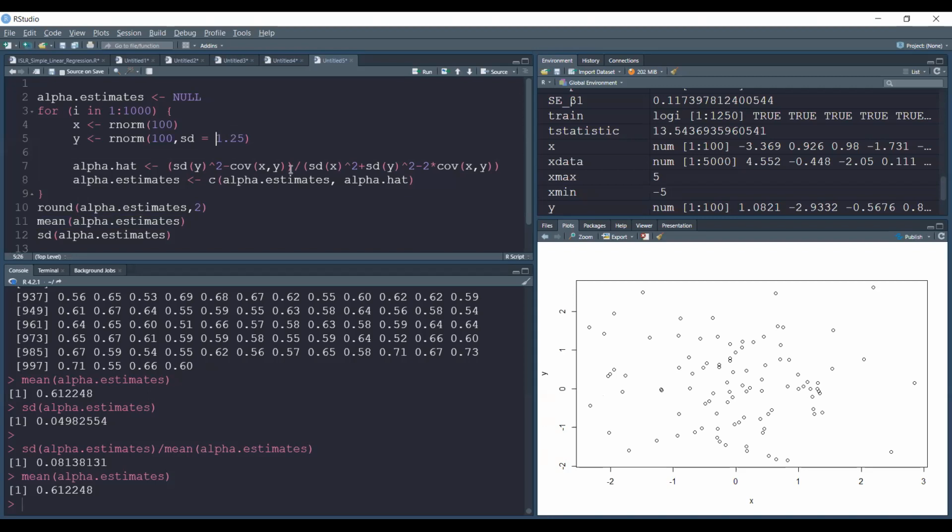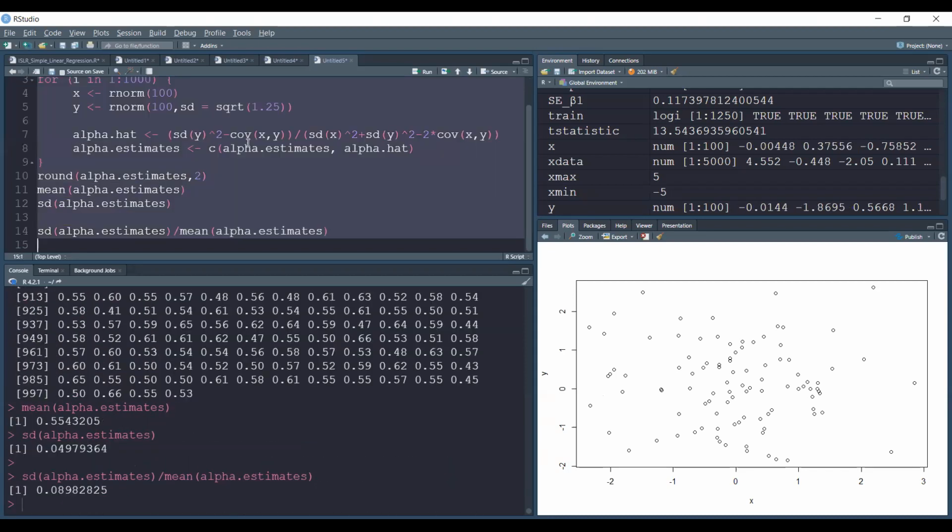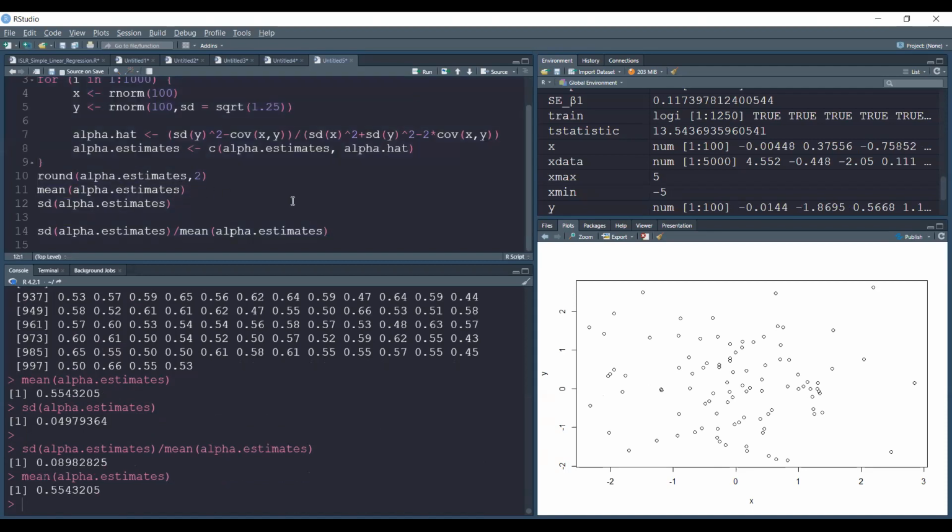So I actually need to square root it, the way our syntax works. If you're specifying a normal distribution, you don't give it the variance, you give it the standard deviation, which is a square root. So unfortunately, we now don't have 0.6, but we do have 0.55.